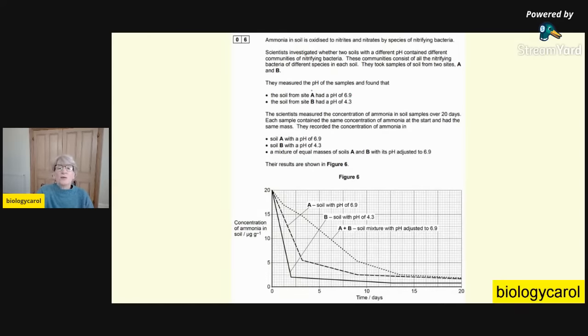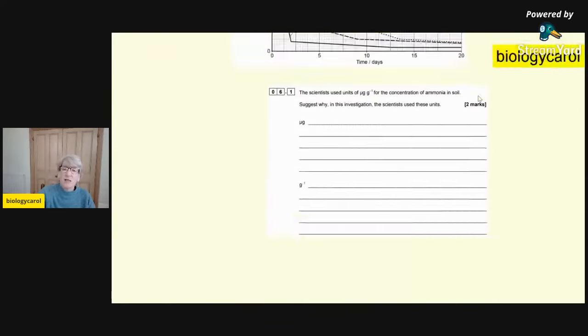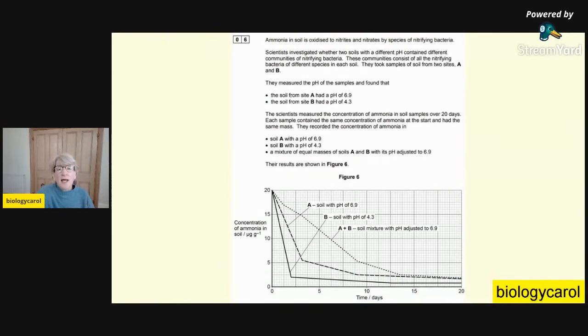One soil sample from site A has a pH of 6.9, fairly neutral, and one has a pH of 4.3, which is more acidic. And they measured the concentration of ammonia in the soil. So notice the ammonia is going to be disappearing as it's nitrified, as it's turned into nitrates. They measured the concentration of ammonia in the soil samples over 20 days.